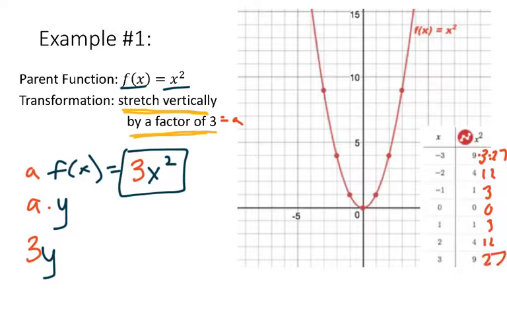When we look at this image, as we make it stretch vertically, I'm now going to take each of these and plot them. So 1, 3 is here. And then we have 2 up to 12, and then it's a mirror. Hopefully you can see that this is a lot skinnier, vertically stretched by that factor of 3.